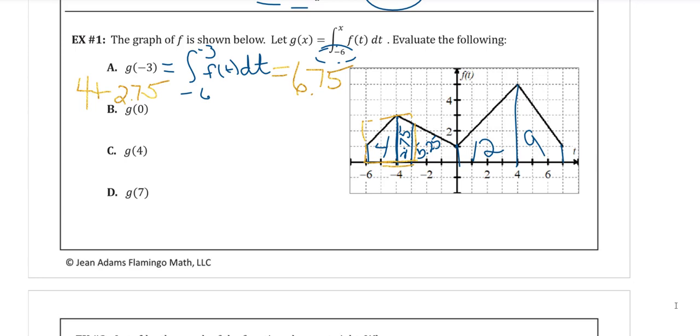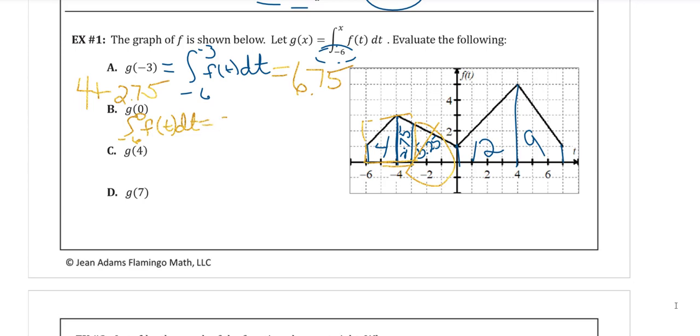Now the next one, g of 0, so I'm going to add in that other piece here. You can also do this by showing it this way. It's going to be the integral from negative 6 to 0, or you can add the pieces.